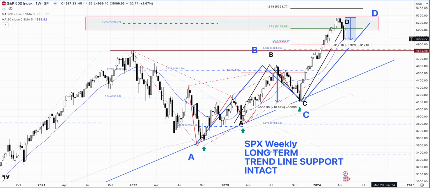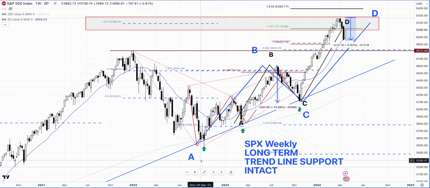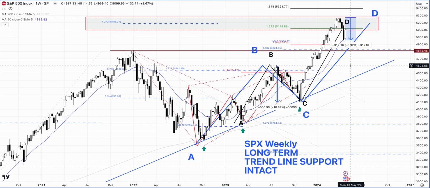So the way I am looking at this is, if we take a look at this entire cycle, where the 2022 bear market ended in October of 2022, there have been 2 previous occasions, and this is the 3rd occasion where the market has pulled back. So this one has so far pulled back about 5.92%.